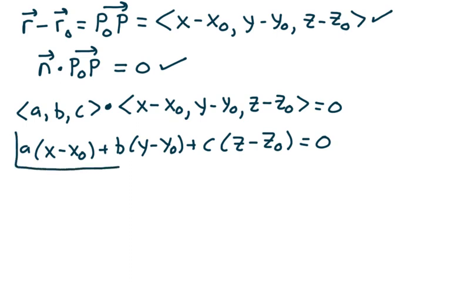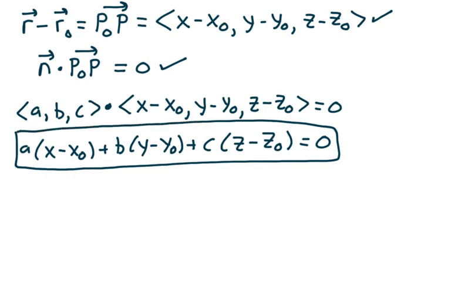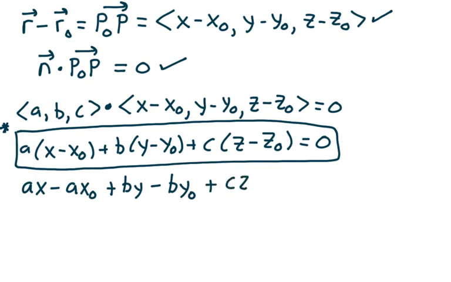And this is the first equation of a plane that you get exposed to. And that's a very important equation that will come up again in chapter 14. Okay? And so that says, if we take this a little further, ax minus ax naught plus by minus by naught plus cz minus cz naught is equal to 0.